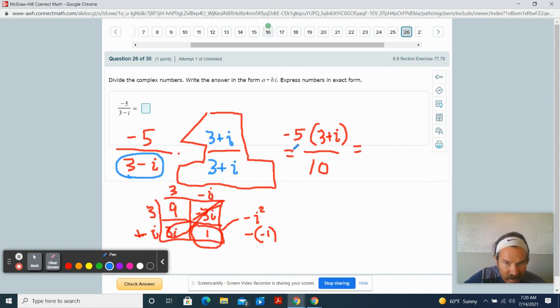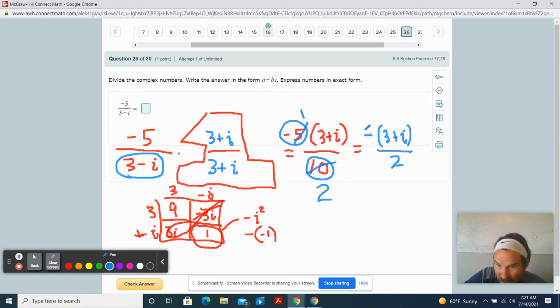This negative 5 goes into this number here. So 5 goes into 10. The negative stays there, but the 5 becomes a 1, and the 10 becomes a 2. So we have a negative on the outside, we have 3 plus i, and then we have it over 2.